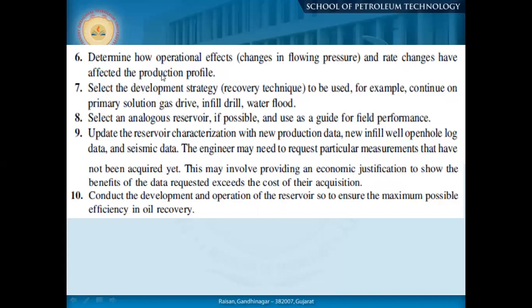So determine how operational effects, changes in the flowing pressure and rate of change have affected the production profile. These are the points you need to take care of to understand your reservoir domain, or you can say segments. Select the development strategy to be used, for example, continue primary solution gas drive.